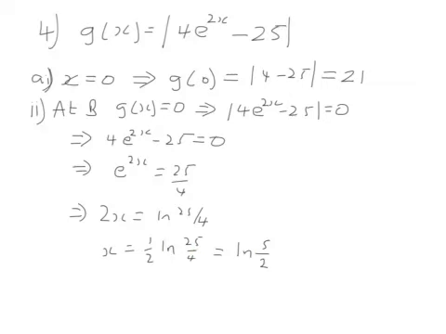Now in part D, choosing a suitable interval, show that alpha is 1.437 to 3 decimal places. Now remember that we're solving the equation g of x equals 2x plus 43. So let's define another function h of x to be 2x plus 43 minus mod 4e to the 2x minus 25.